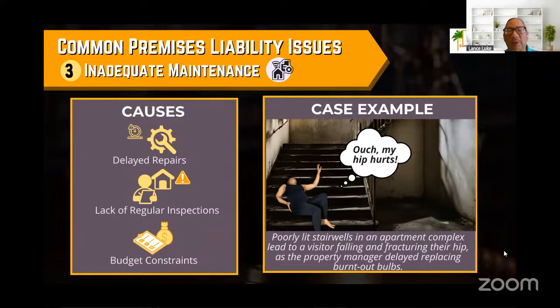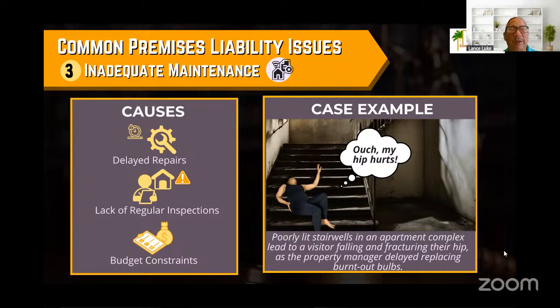Poorly lit stairwells in an apartment complex led to a visitor falling and fracturing her hip because the property manager delayed replacing burnt out bulbs. Okay, now there's a situation where this person that got hurt doesn't even live at the apartment complex.